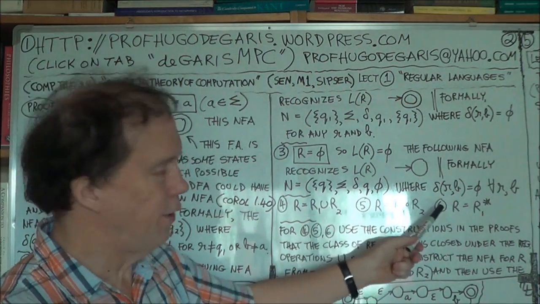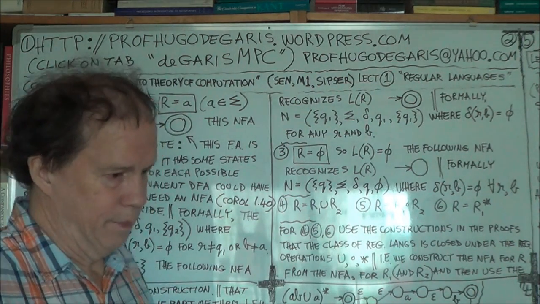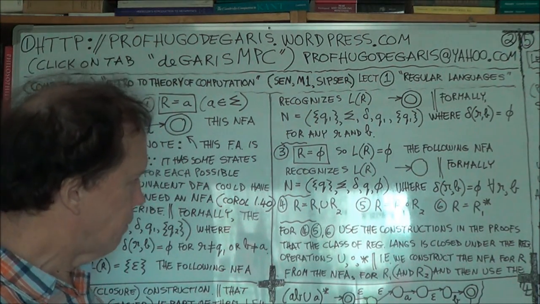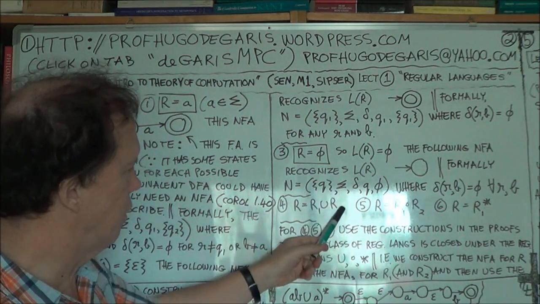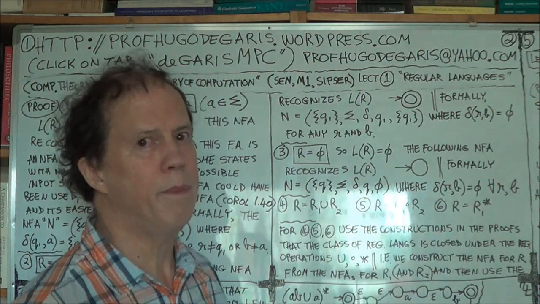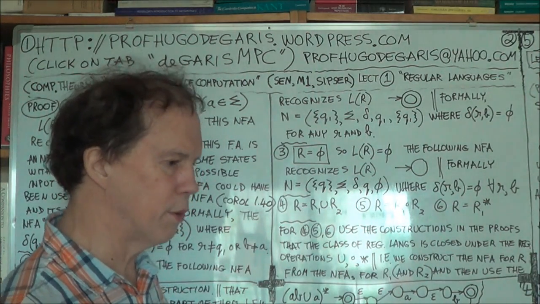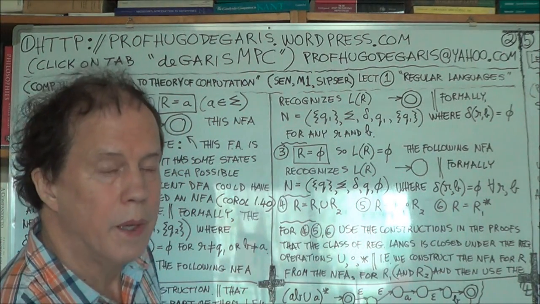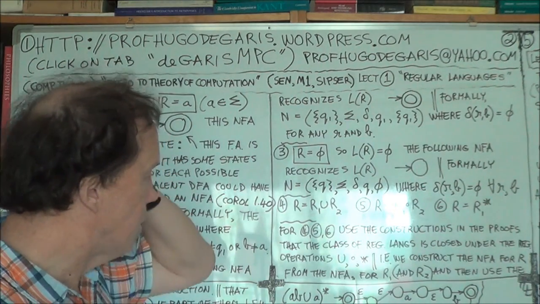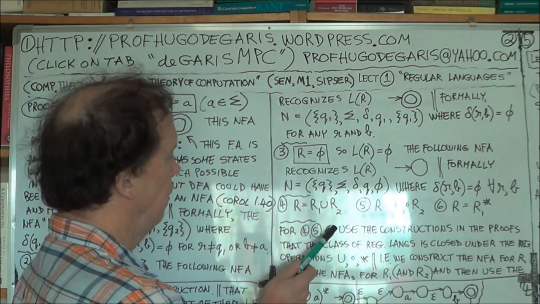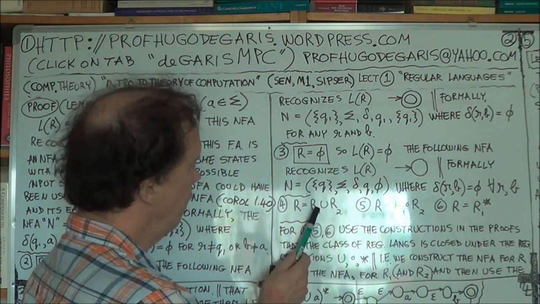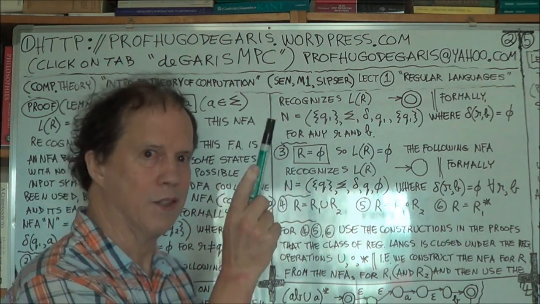Now, the cases 4, 5, and 6 were mentioned a bit before. To actually construct these, we've done that before. Remember, in the proofs of closure, we had 3 proofs of closure. So we actually constructed. Now you need to think in terms of machines.